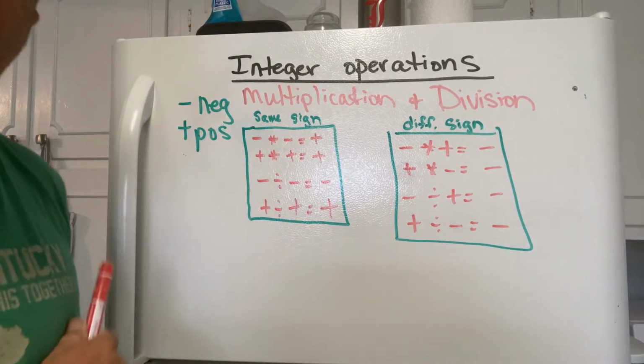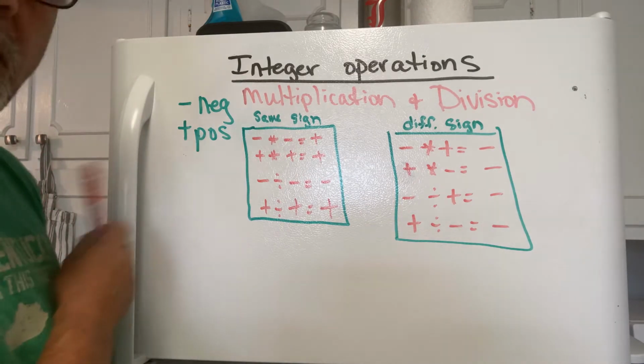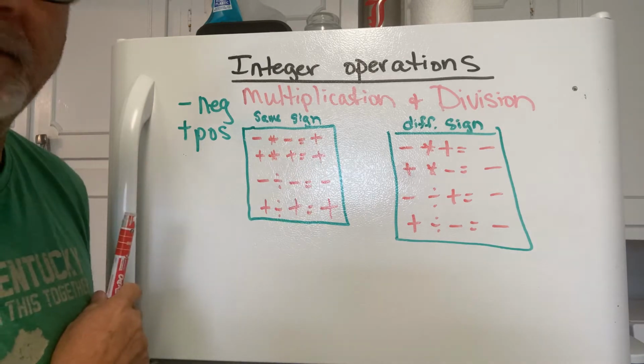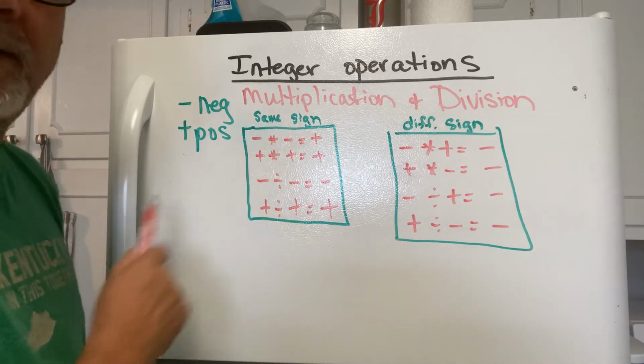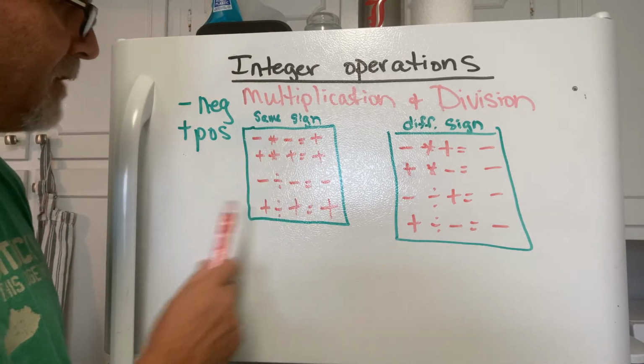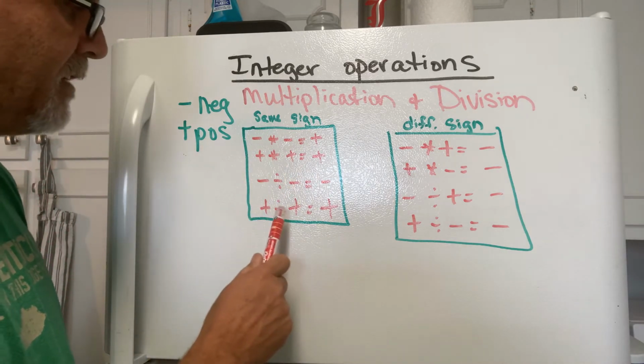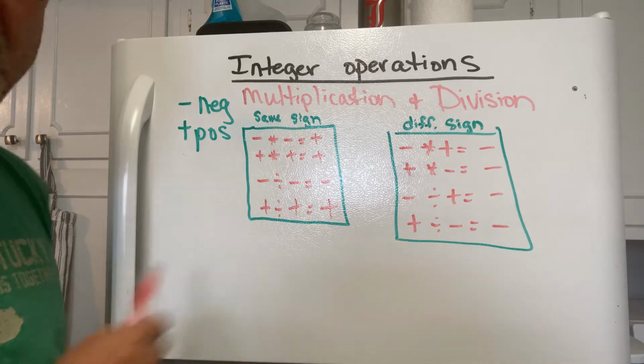So if the signs are the same, we're going to go real quickly. A negative times a negative is a positive. A positive times a positive is a positive. A negative divided by a negative is a positive. A positive divided by a positive is a positive.